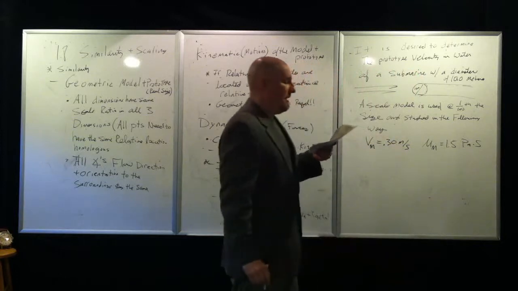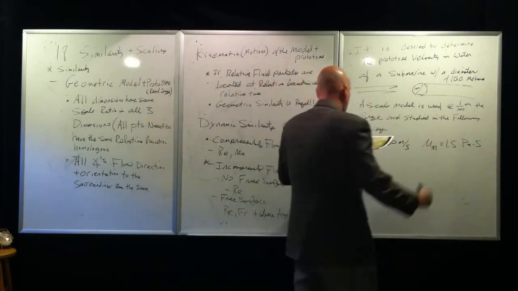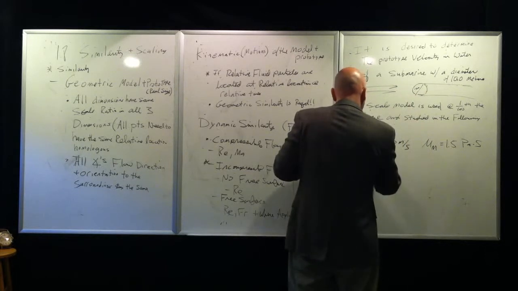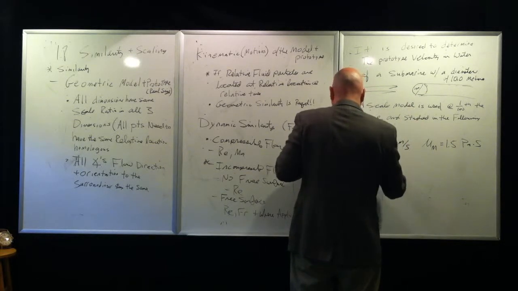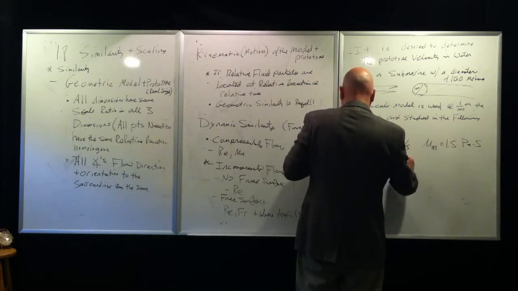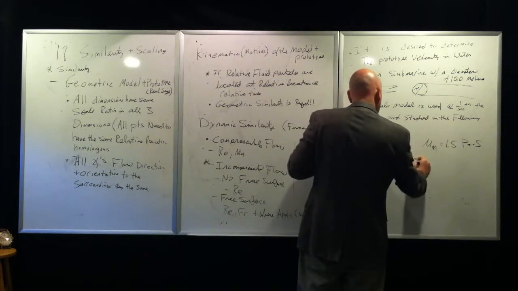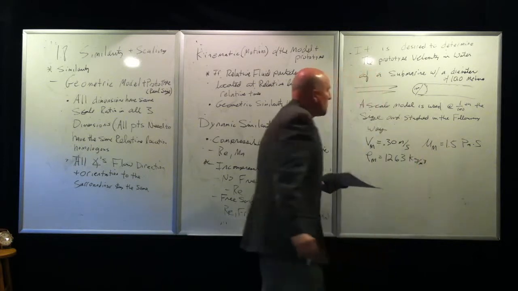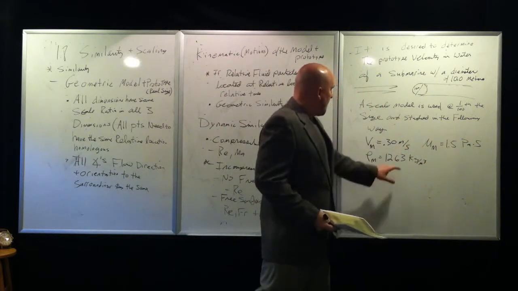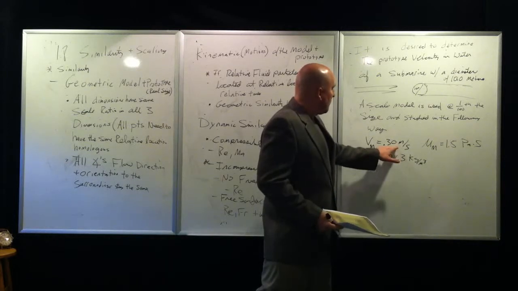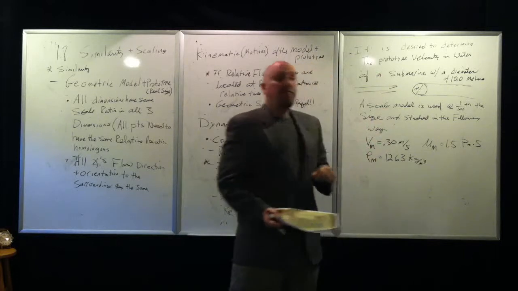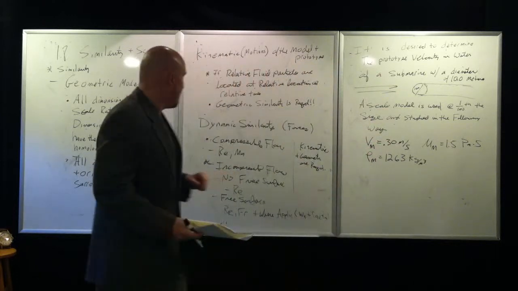Again, that's of the model. And the density of the model, let's say, is going to be this. So the model is going to have water that has this viscosity and this density, and the water is going to be flowing over the model at a rate of 0.3 meters per second.